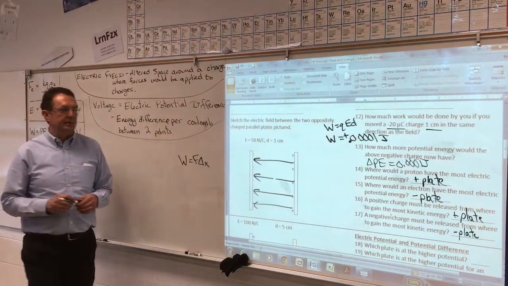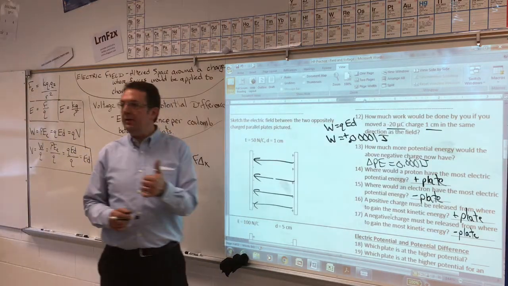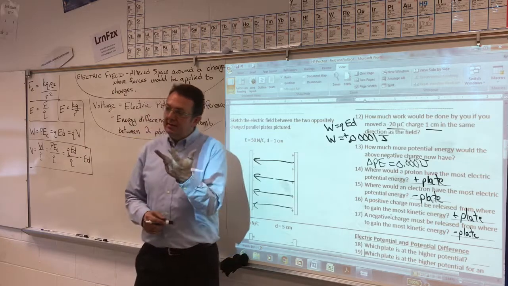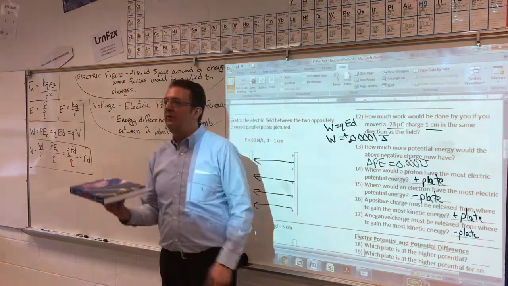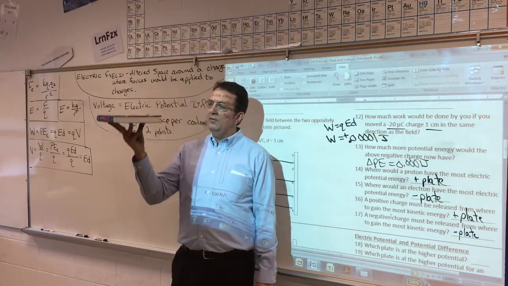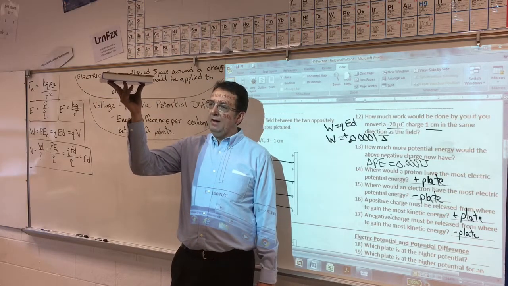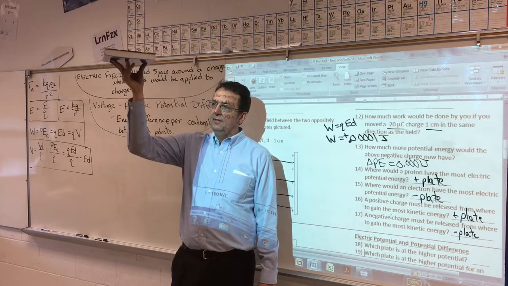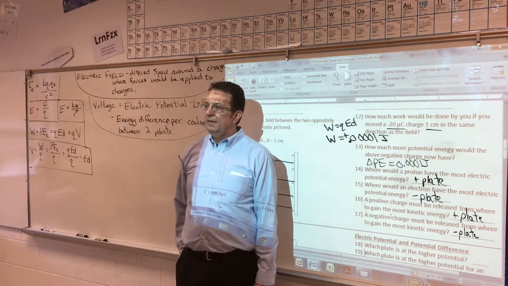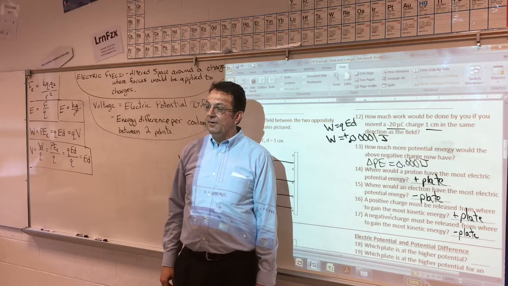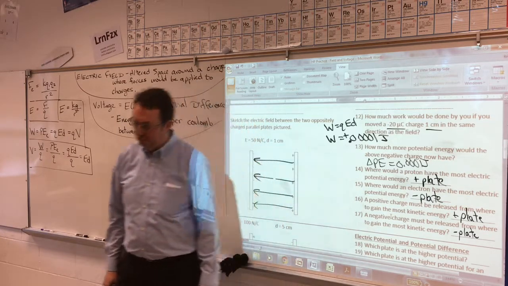Shouldn't it be reversed? Work and potential energy and kinetic energy are all related to each other. I do positive work to this. And if I do positive work, it has more gravitational potential energy, correct? And that gravitational potential energy, when I release it, can turn into a whole bunch of kinetic energy, right?